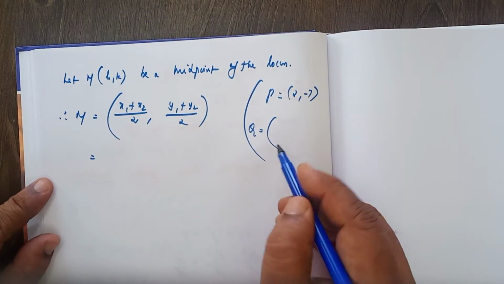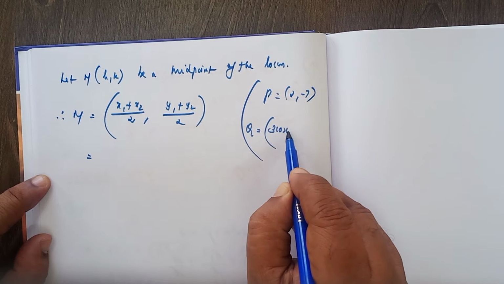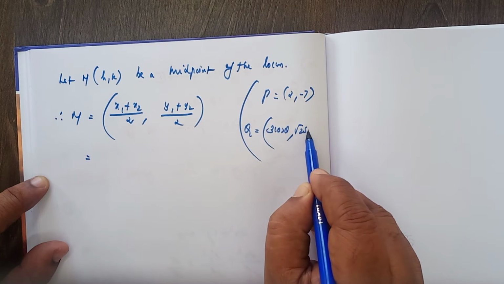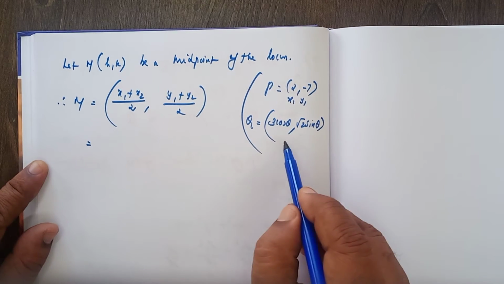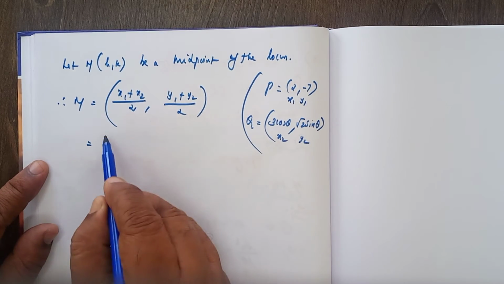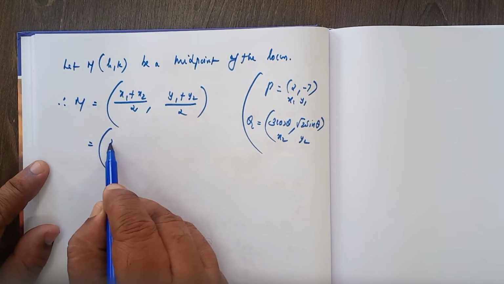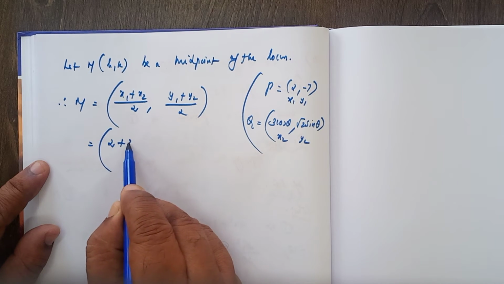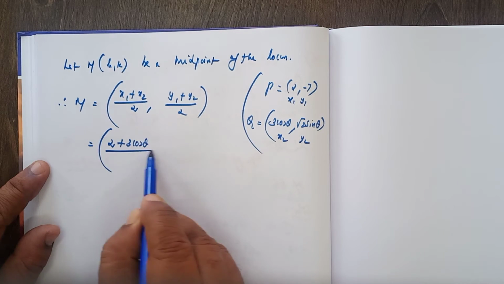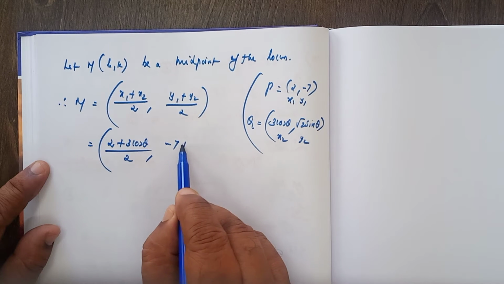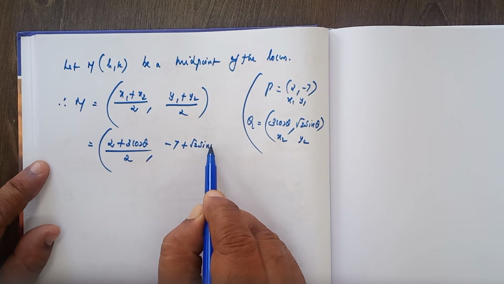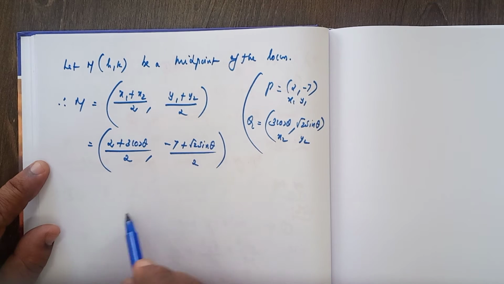3 cos theta, root 2 sin theta. So these are x1, y1 and x2, y2. We have to substitute here. x1 = 2, x2 = 3 cos theta, whole divided by 2, y1 = -7 and y2 = root 2 sin theta divided by 2.